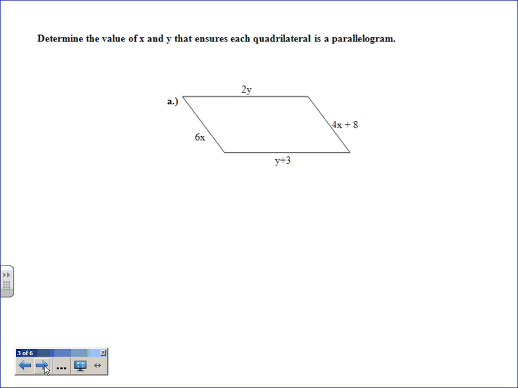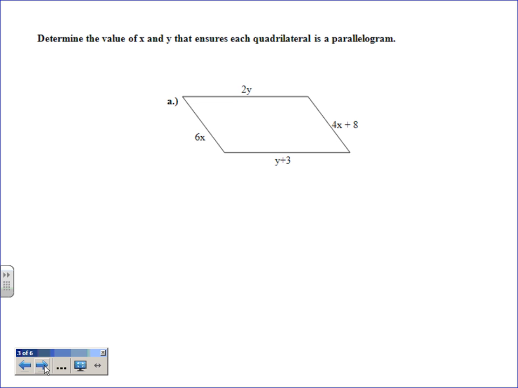Determine the value of x and y that ensures that this quadrilateral, I think we can agree it's a quadrilateral, has to be a parallelogram. Well, are we going to use the fact that the top and bottom, left and right, have to be parallel? Probably not, because we're not talking about slope, but we are talking about length. And so what do we know about length? In R4, which one talks about the length of the sides?